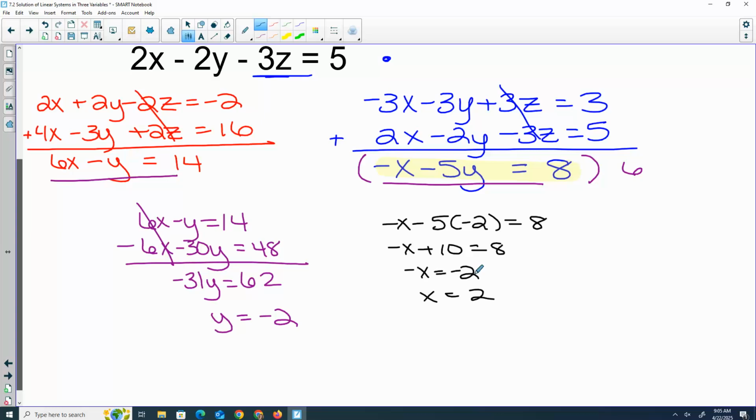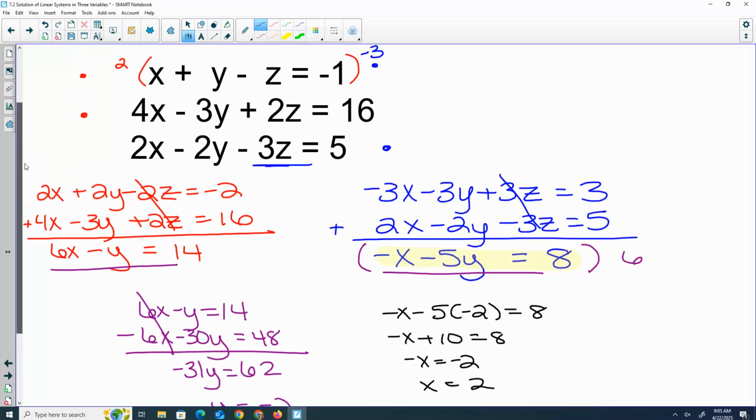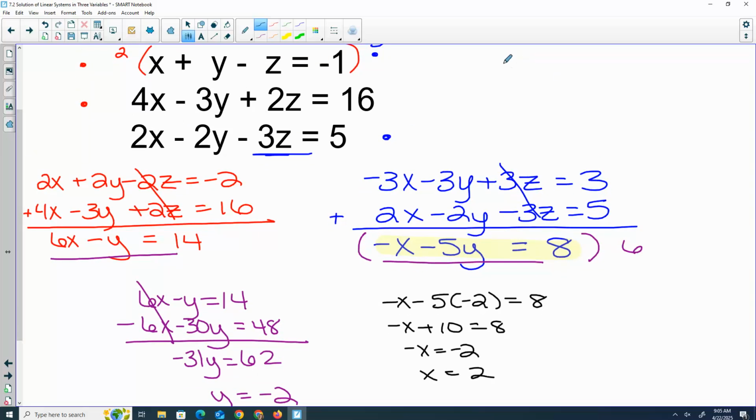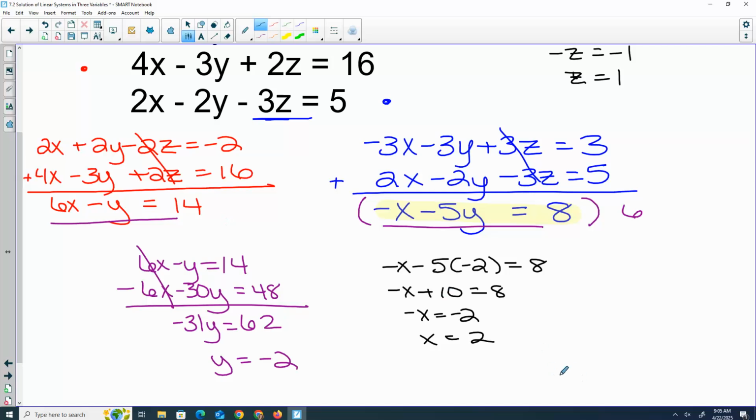And now I have x and y, so we can plug those back into one of the originals. Doesn't matter which one, if I just went with the first one, x is 2, y is -2. And get that z is 1. Writing these, we just do alphabetical order, x, y, z. So 2, -2, 1.